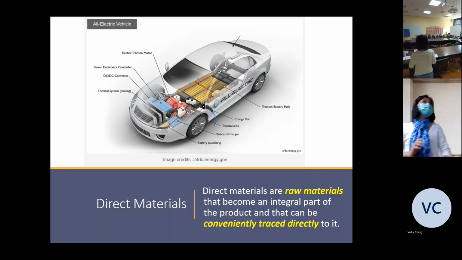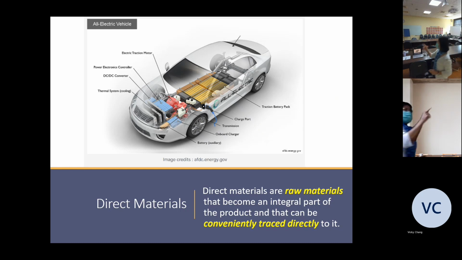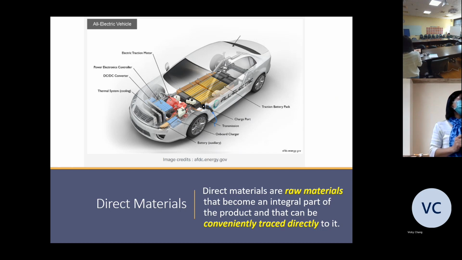Okay, let's see direct materials. This is the electrical car. Any components or parts you can see inside the car are direct materials. Direct materials are raw materials that become an integral part of the product and that can be conveniently traced directly to it.